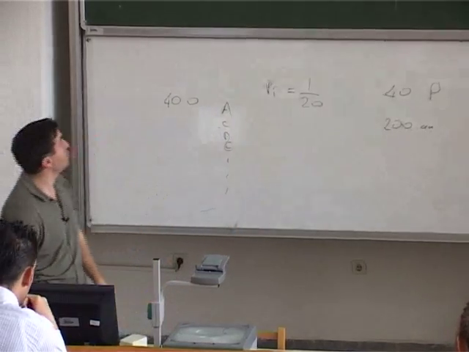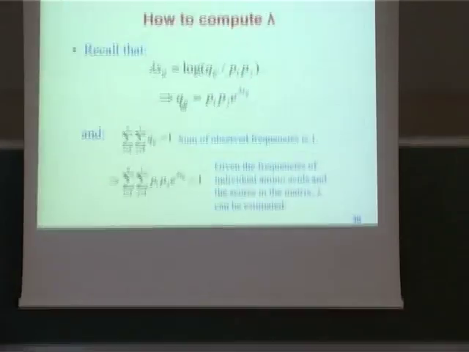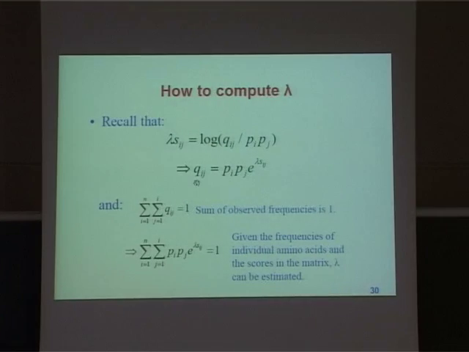Since we do not have the exact alignments that they have used in these scoring matrices, we do not know these Qij's directly, but what we know is the fact that they need to sum up to 1. All of your observations, these frequencies at the end, need to be 1.